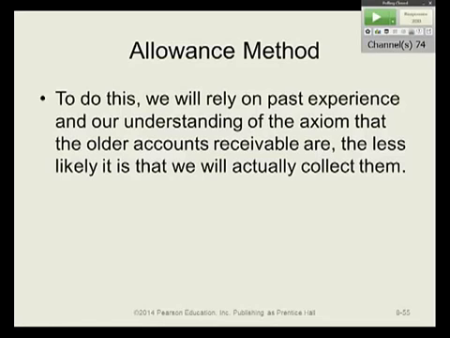So you know from your experience how many people don't pay. You may kick that up a little bit if the economy changes. Your experience could change. The same thing with warranties. When companies offer warranties, they have to estimate essentially what they think they're going to pay to cover those warranties. So they'll do that from past experience.